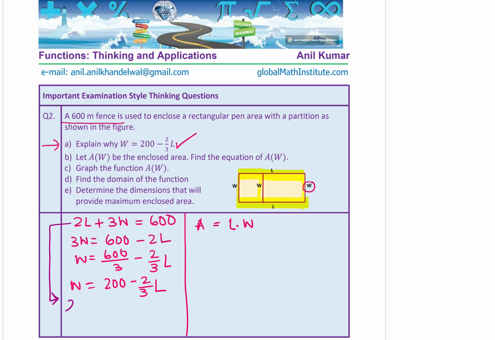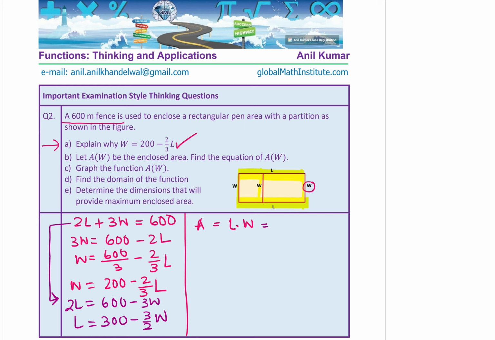So we can say 2L is equal to 600 minus 3W, or L is equal to, dividing by 2, we get 300 minus 3 by 2 width. Is this part clear to you? Correct. So we could have arranged to isolate W, and we could have done the same to isolate length also. Since we want the function in terms of width, we'll isolate L. Perfect. So this is the part which is kind of critical.